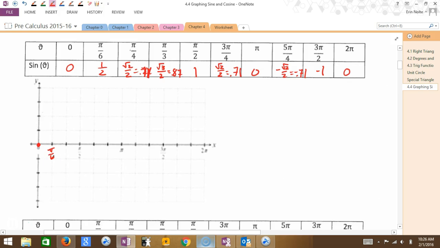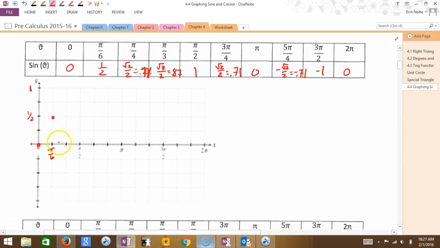At pi over 6, I'm going to go up 1/2. So on my y scale, let's say this is 1/2 and this is 1. I just label my y scale. So I'm going to go to 1/2, right there. And then at pi over 4, I need to go to 0.71.